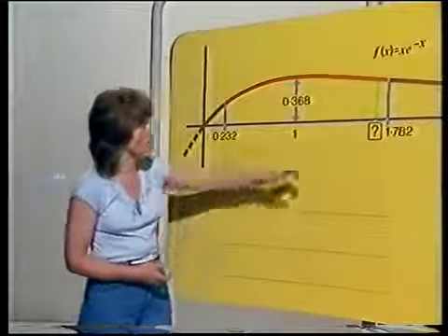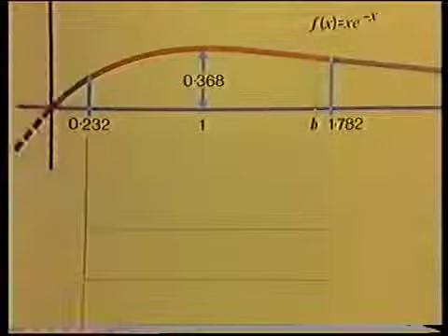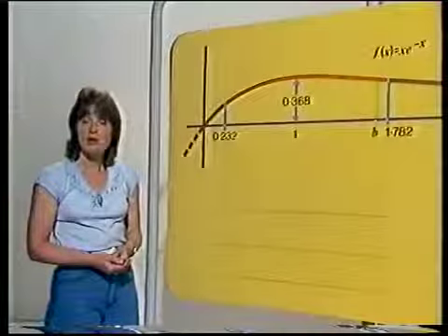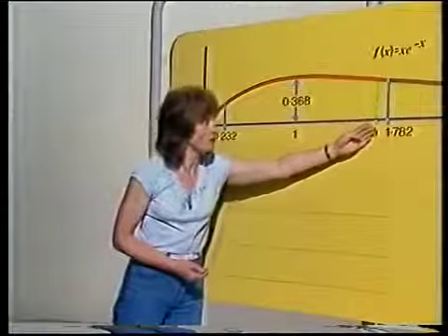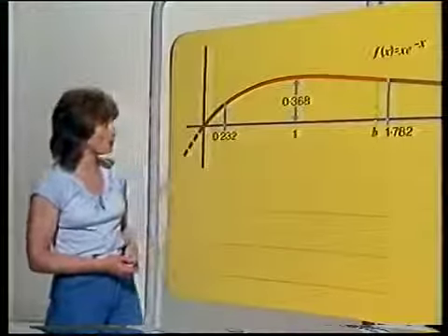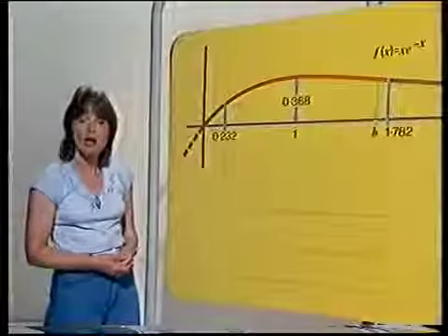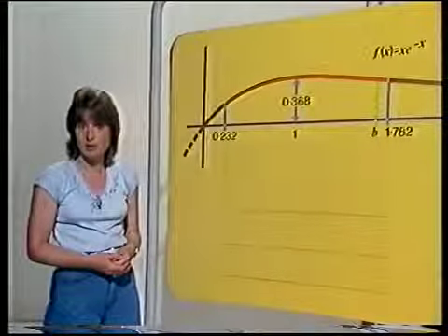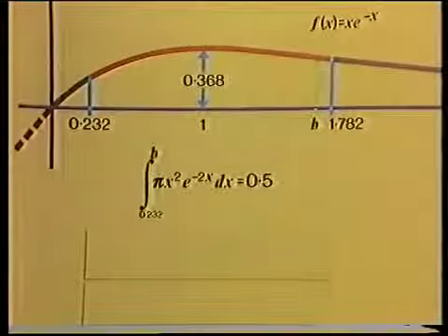Let's call this value b. What do we know? Well, the volume from here to here has to be half a litre, 0.5. And we also know how to find volumes by integrating. So we want this to be 0.5.